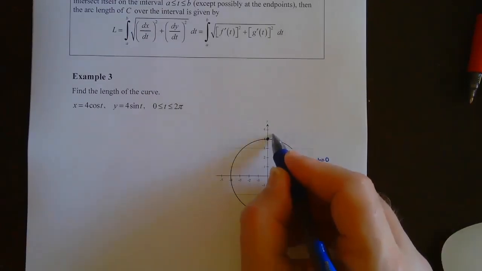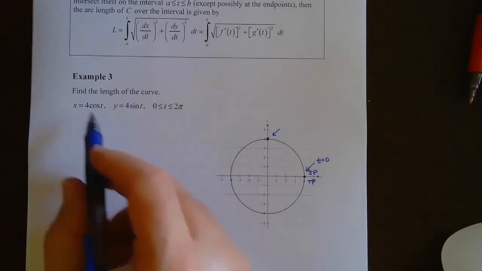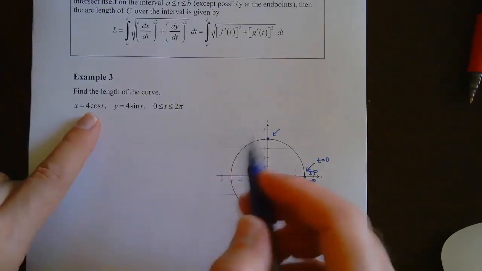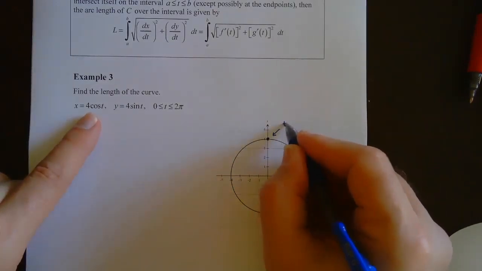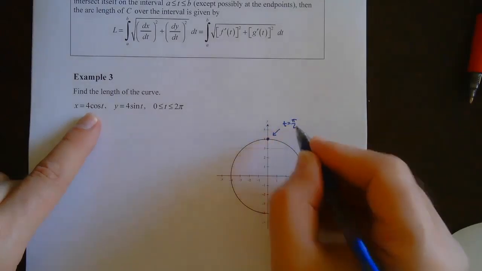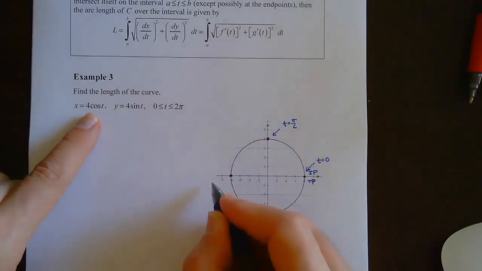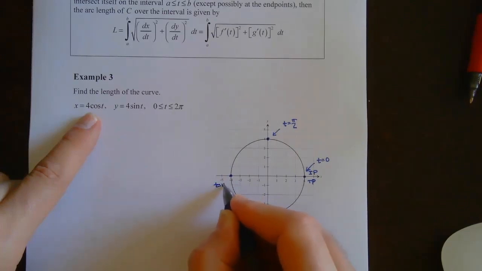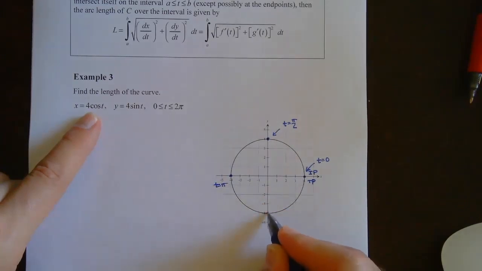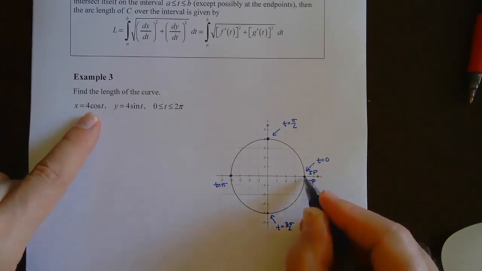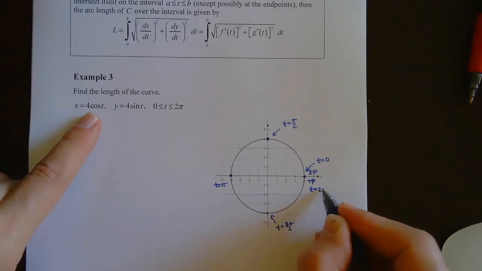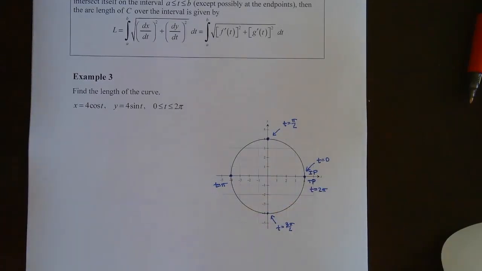This point right here is t equals pi over 2. This point right here is t equals pi. This point right here would be t equals 3 pi over 2. And then we'd be back at the terminal point, where t is equal to 2 pi, back where we started.